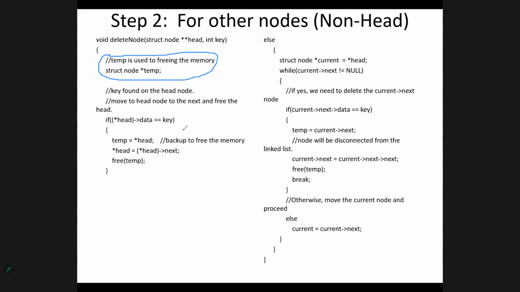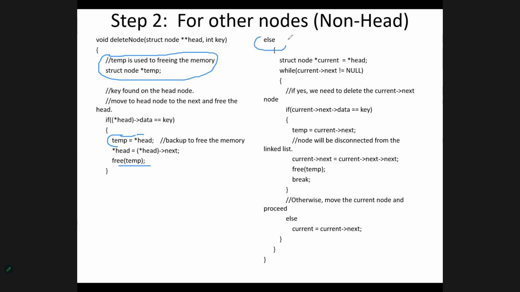We are at the first node and we found the key. Then we assign the head reference to temp, and we assign head next to head. Then free temp.